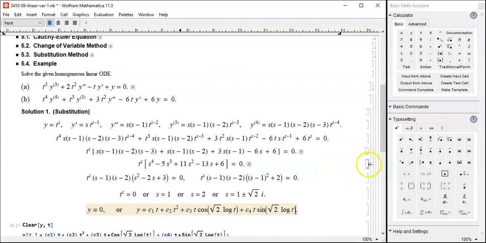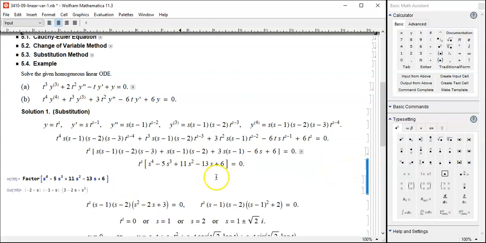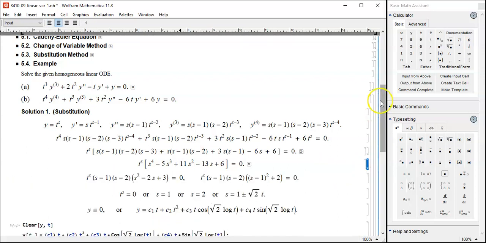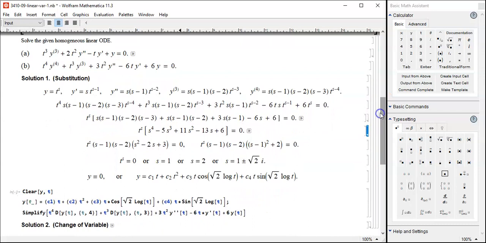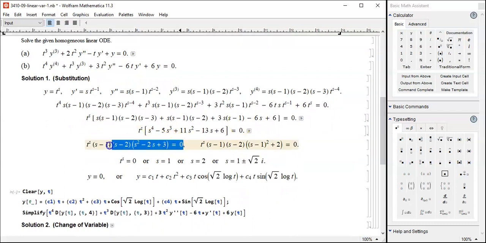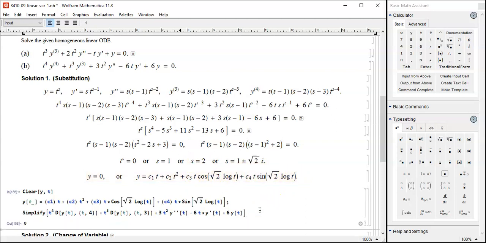So I used some computer algebra system to factor, but otherwise pretty straightforward actually. You see, if you have up to here, if somebody does this for you, then getting this solution in the end should not be too much of a problem. We have complex roots, so we have t to some power, cosine, sine. By the way, this is a checking process through Mathematica.